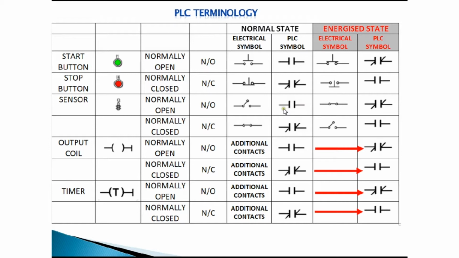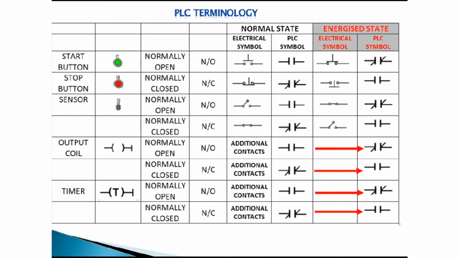If you look at a proximity sensor or a metal detecting sensor, if a piece of metal comes past, if it's normally open, we say the sensor is energized, and then it'll close, and then be represented by a normally closed contact. If on the other hand the sensor is normally closed, when energized, it'll open.